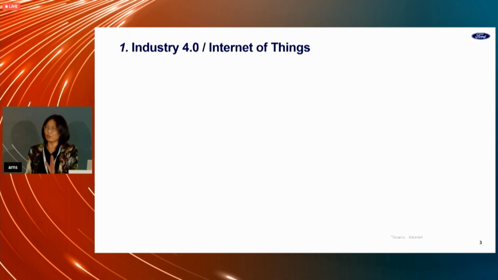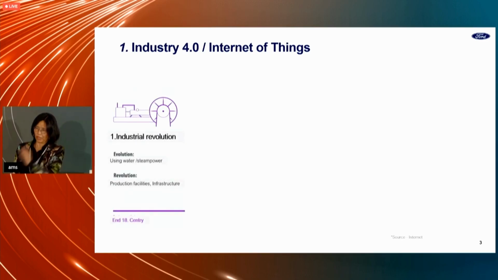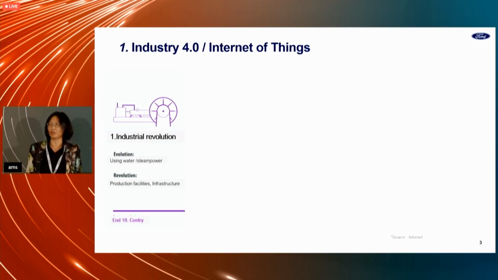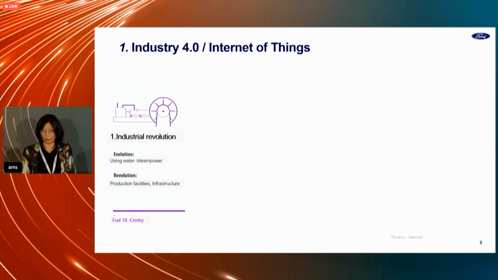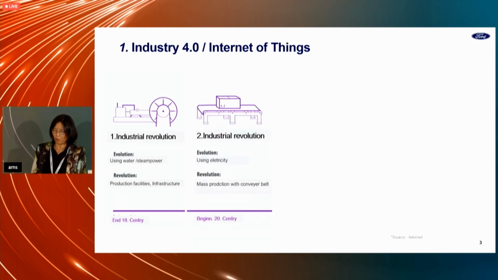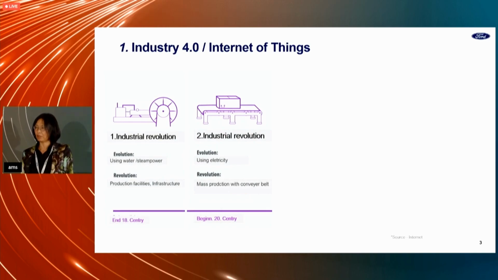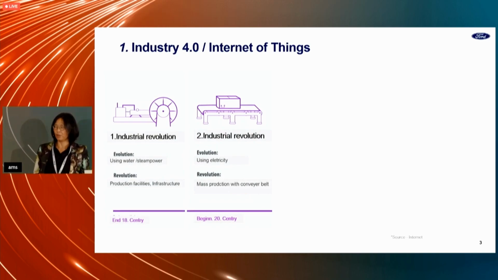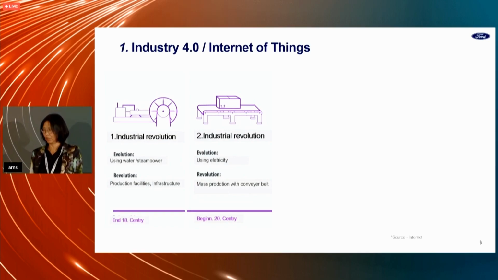So I think you already know what Industry 4.0 is, but in order to get the same basis, I will start with the first industrial revolution, which is the production infrastructure revolution using steam power. Second is mass production with the conveyor using electricity. Here, Henry Ford was the main contributor to the second industrial revolution.